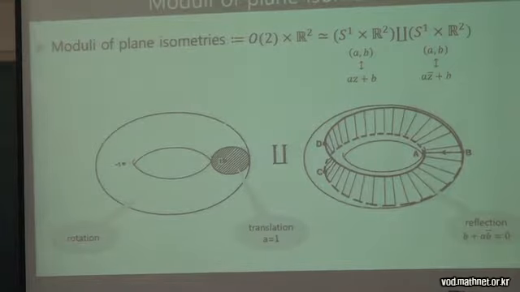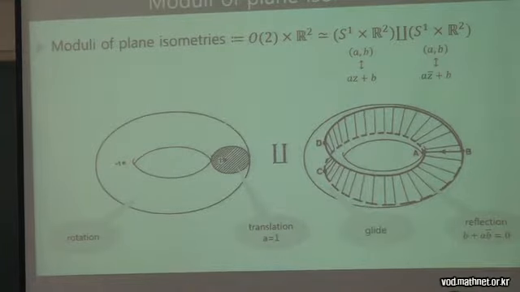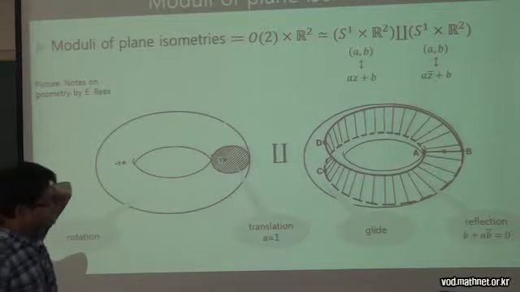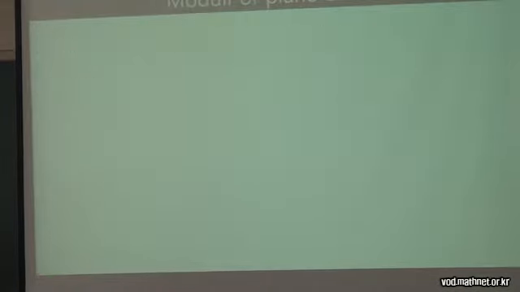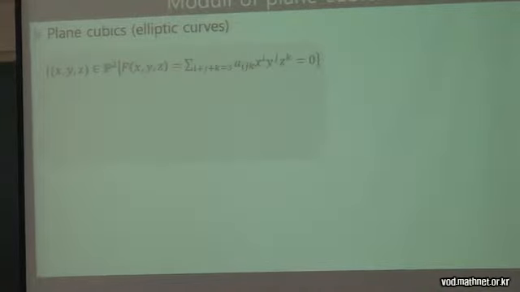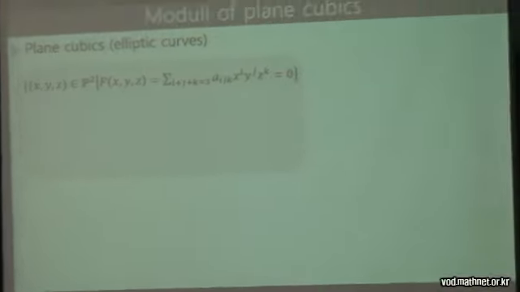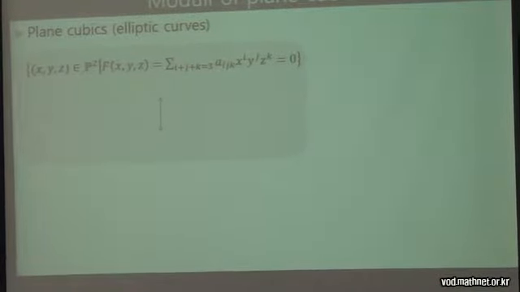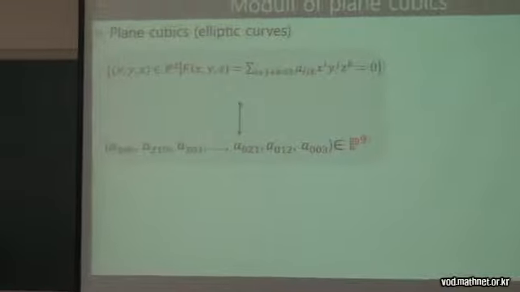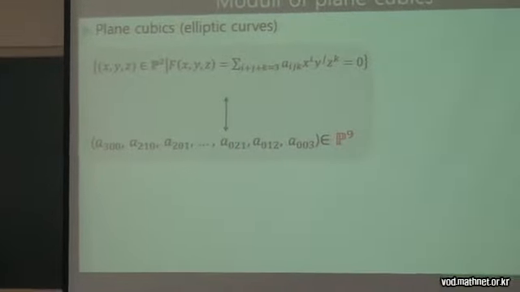Okay, now to algebraic geometry. And this picture is from the book by Reid, Notes on Geometry. So plane cubics, elliptic curves. A plane cubic is the zero locus of a cubic equation, which is completely determined by those 10 coefficients.